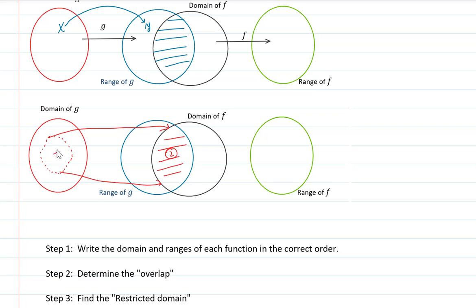This is step 3. Once we have that, then we can say, all right, well, what does F do only to the overlap? Well, F is going to send that overlap to some subset of the range, and that's our final step.